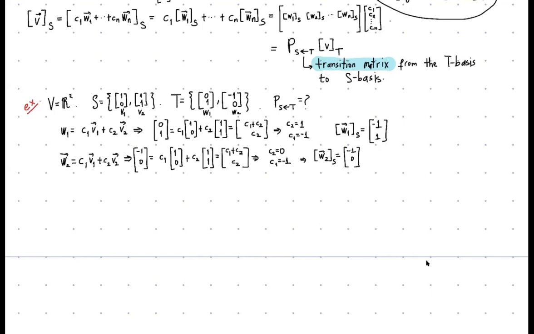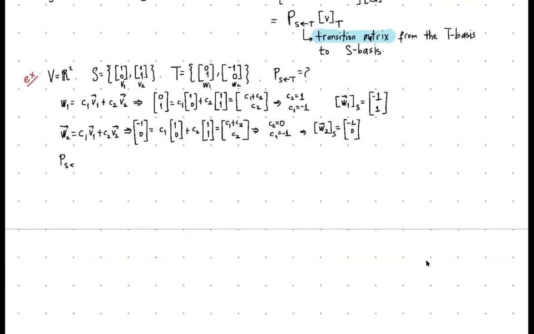Now we can write the transition matrix. What is the transition matrix? Transition matrix is, we write it like this, from S to T. So this is, as the first column, I put this guy, -1, 1. And as the second column, I put this one, -1 and 0. Okay.